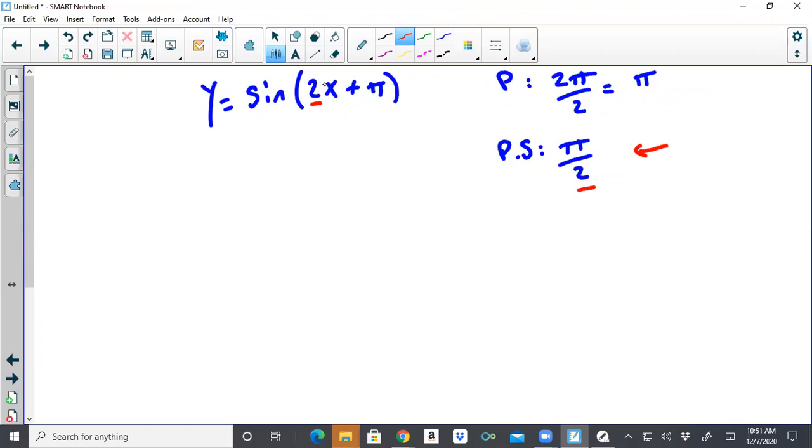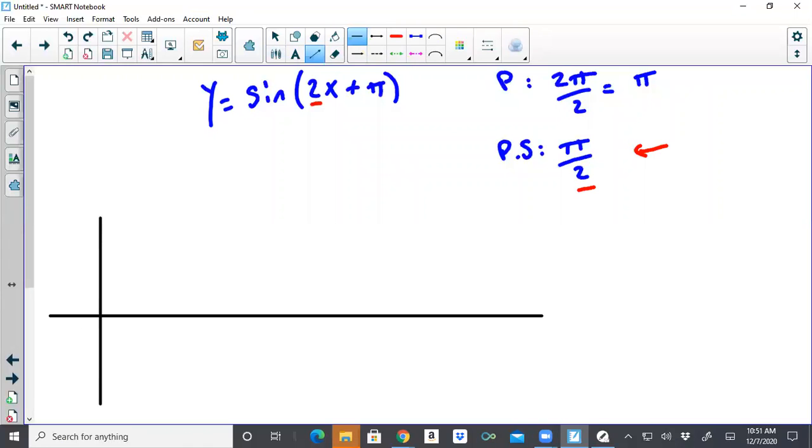So now I'm just going to sketch this. The way I would sketch it is I would start out with my normal sine graph, and I'm going to make this a little bit different. I'm going to go all the way out to here because I know my new graph is going to be smaller, so I'm giving myself a little more room. So here's 0, here's 2 pi.